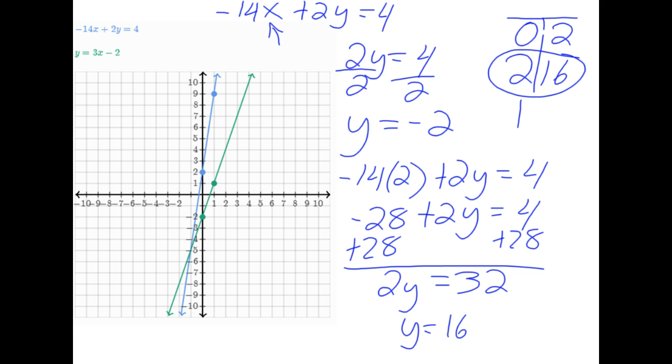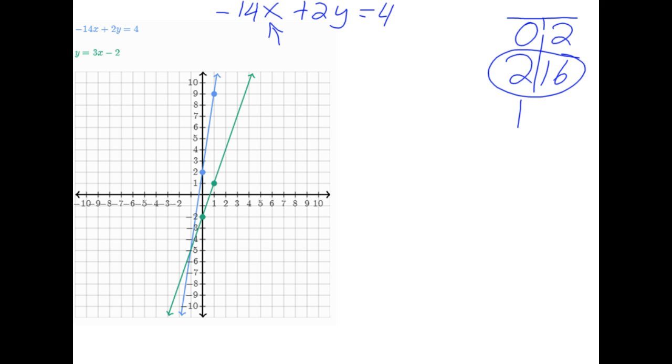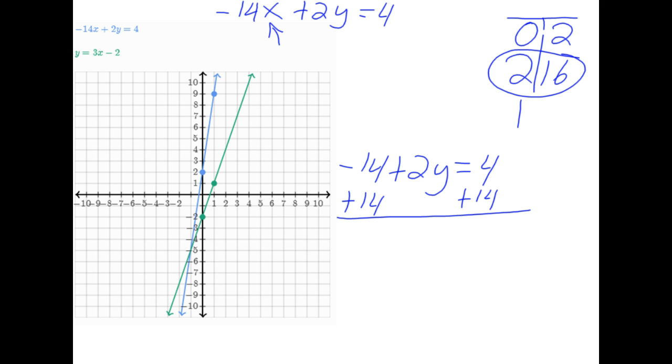So then you substitute 1 in. And when you substitute 1 in, you get a negative 14 plus 2y equals 4. Add 14 to both sides. So you're left with 2y equals 18.